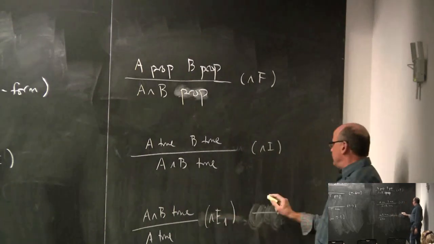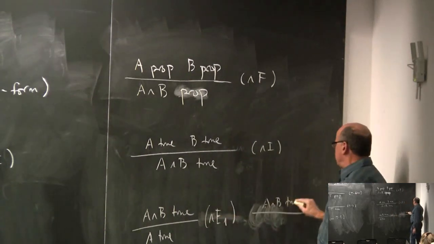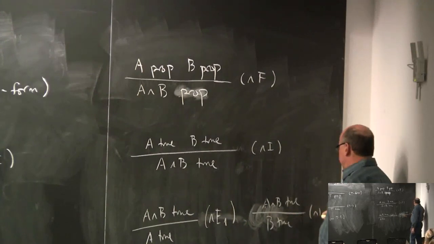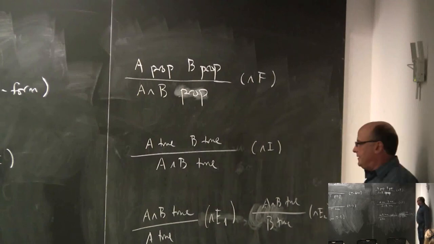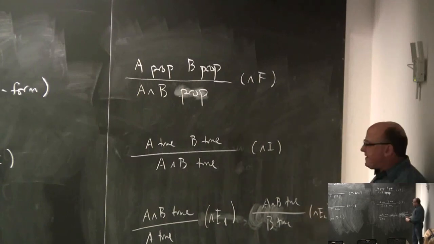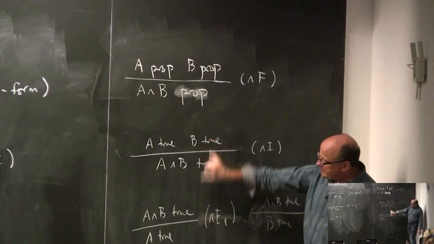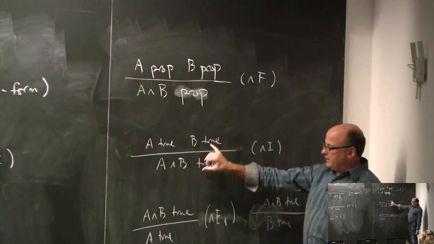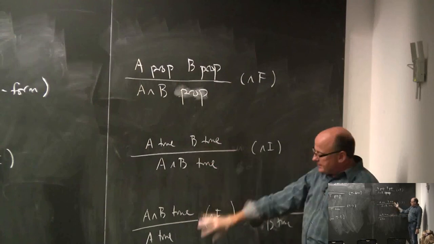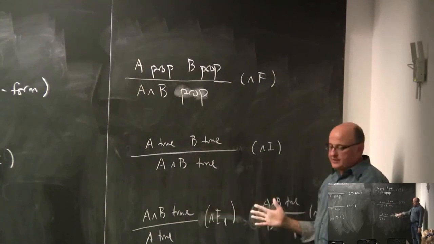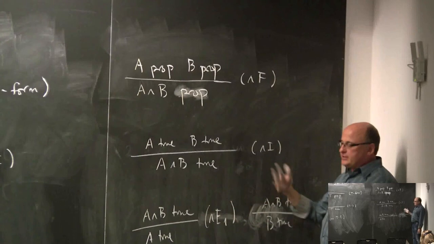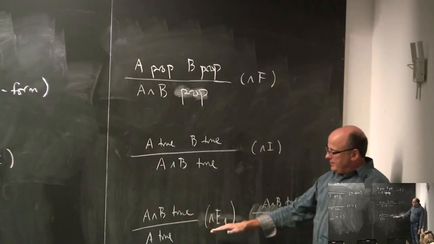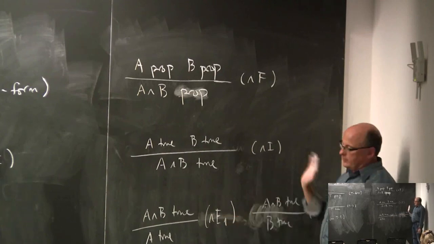And similarly, if you know that A and B is true, then you know that B must be true. Why? It's not because I just flat out say that. It's because these two things fit together. I'm not going to get to it in this lecture, but I will next lecture: there's a cancellation principle, which we're going to describe, but it's easier to describe using a little machinery that I don't have available yet, so let me hold that in abeyance. But there's going to be some principle that says this is post-inverse to that.